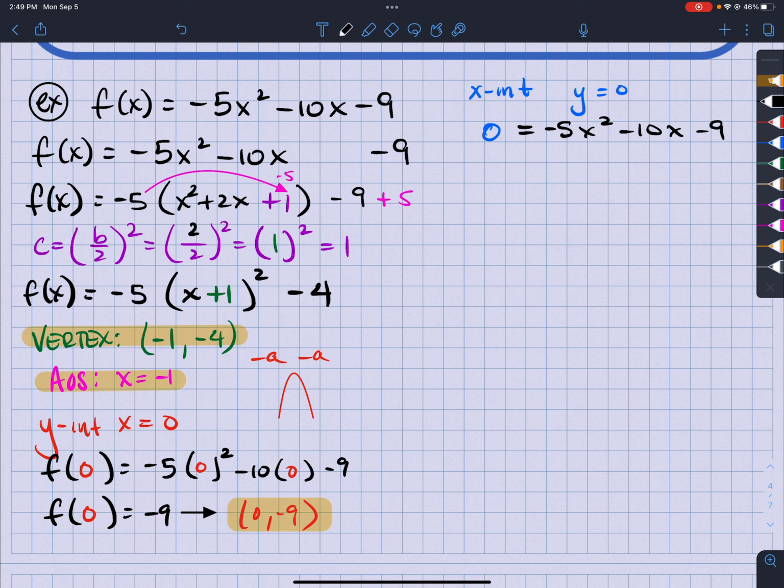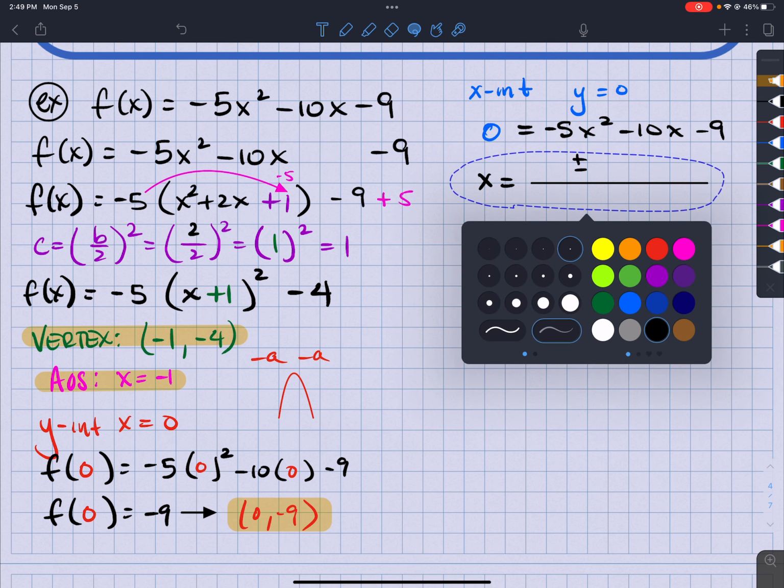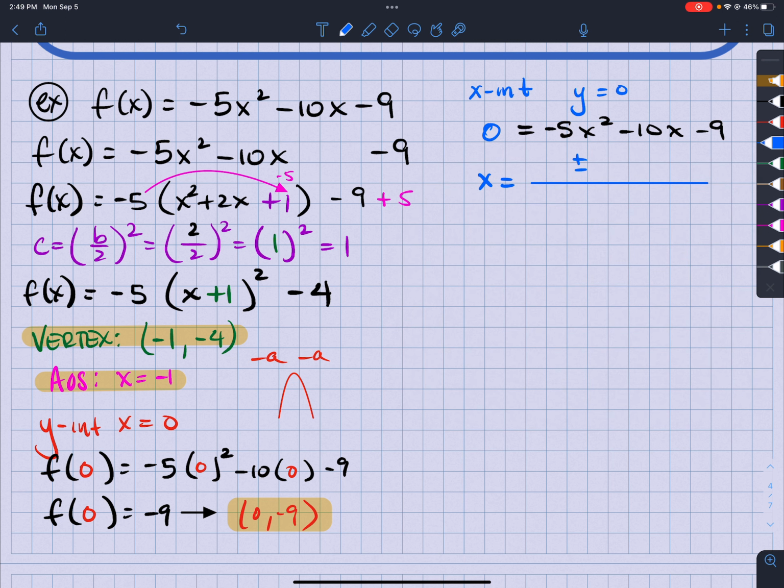So if that's the case, I can use the quadratic formula, which states that x is equal to -b plus or minus the square root of b squared. Actually, let me start plugging some of these things in. This is -b, so let's make this blue. So I've got -10, right?